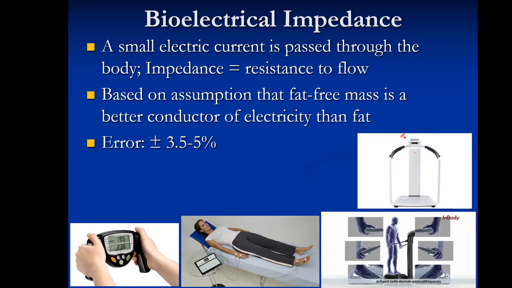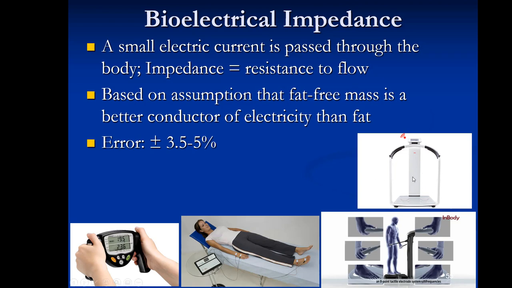Lastly, bioelectrical impedance, where small electric currents pass through the body, and the more resistance to flow, the less body fat is indicated. It's based on the assumption that fat-free mass is a better conductor of electricity than fat. Sources of error increase a little bit with this technique, but there are different grades of bioelectrical impedance.